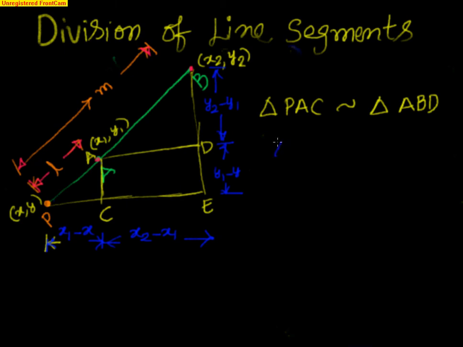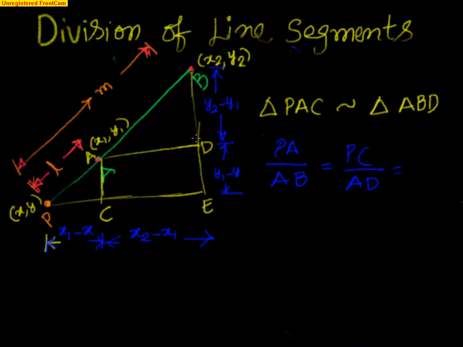We are trying to say PA divided by AB is equal to PC divided by AD, that's nothing but equal to CE. PA divided by AB is equal to PC divided by AE is equal to, what is that? You have to go this way, right? DE divided by DB.